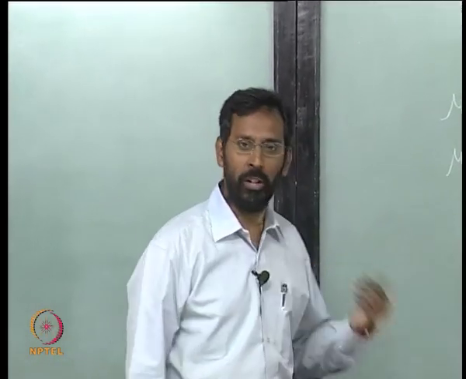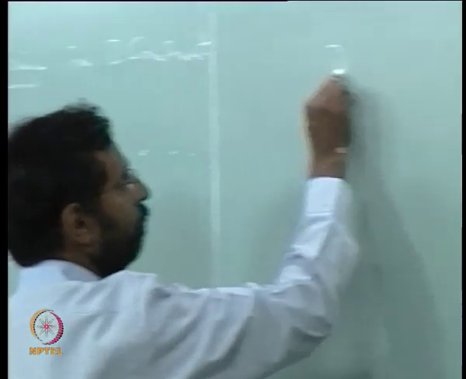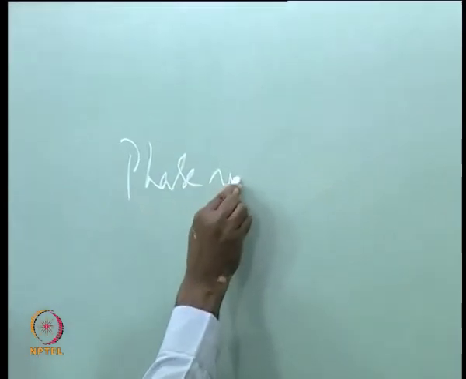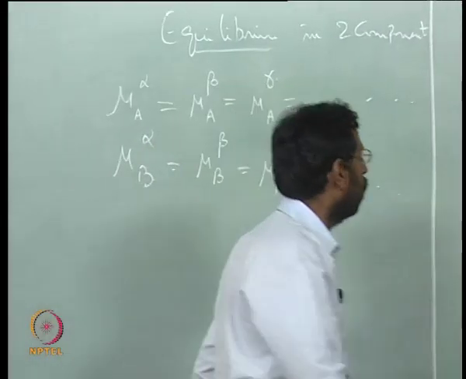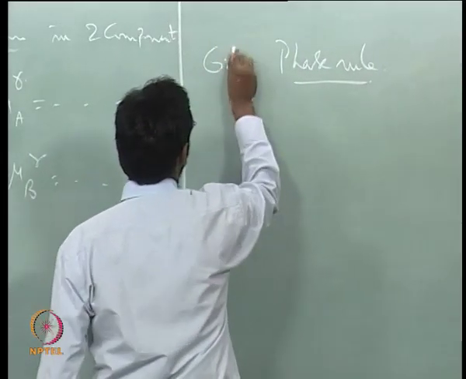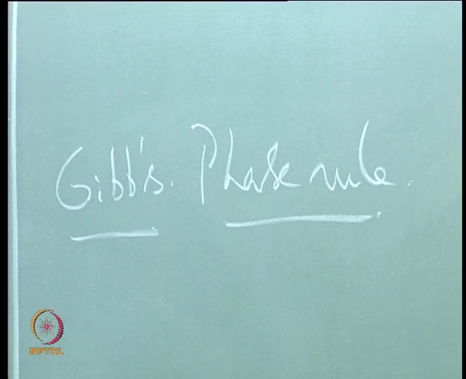And this actually brings us to a concept called phase rule, which Gibbs talks about. That is why we call it the Gibbs phase rule, which is again related to this.